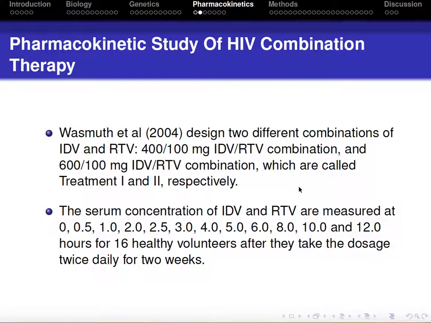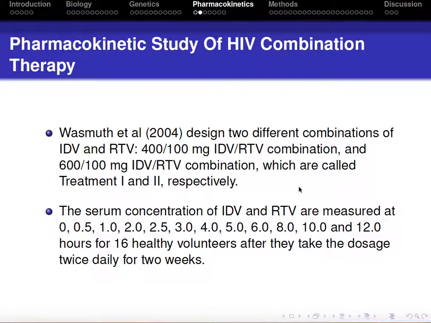Pharmacokinetics is basically the study of the dynamic system of what happens when we take drugs, to see how the drugs are distributed over our body and absorbed in our body as well.